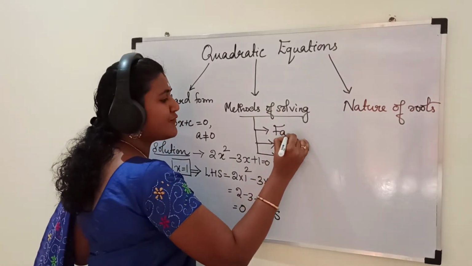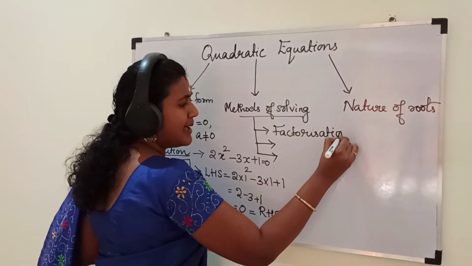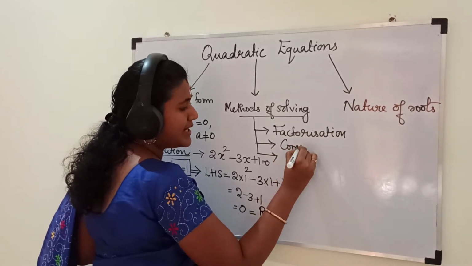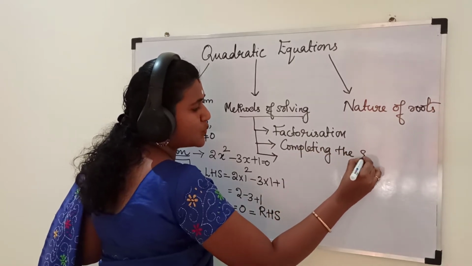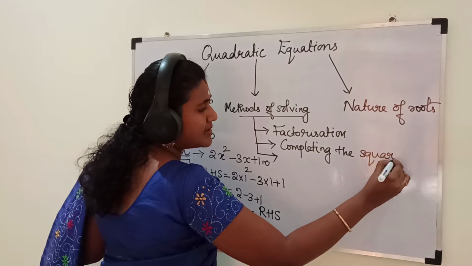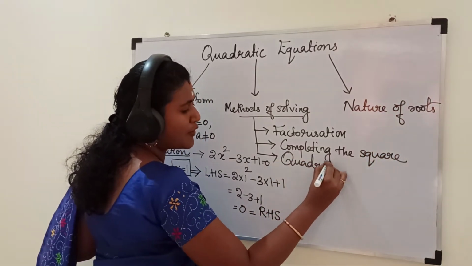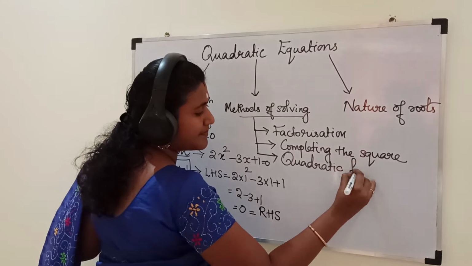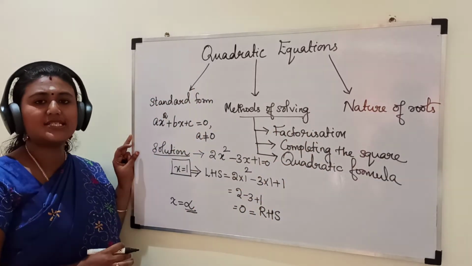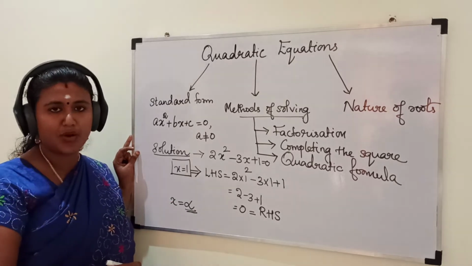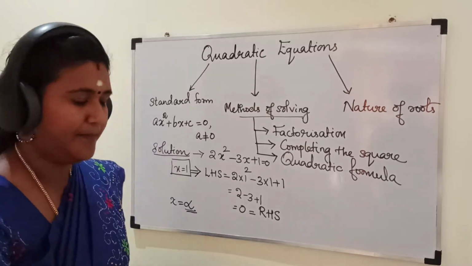First method is factorization, the second method is completing the square, and the third method is using the quadratic formula. So these are the three methods for finding the solution of a quadratic equation. Now we will see one by one in detail.